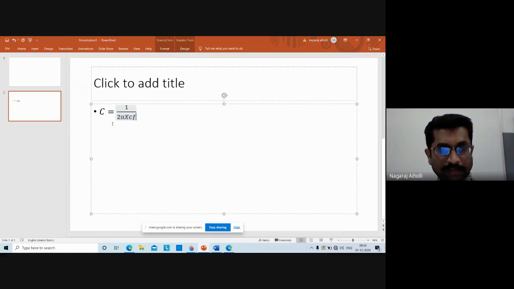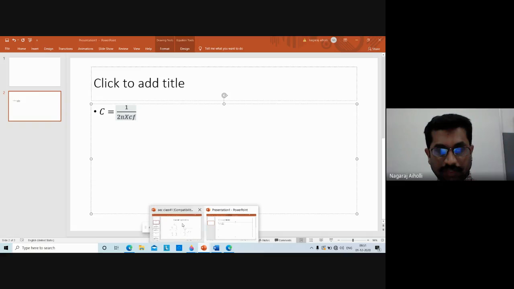According to the relation Xc is equal to 1 upon 2 pi Fc, as the frequency is more, the cascode amplifier can amplify high frequency input signals. This is one of the features of the cascode connection.